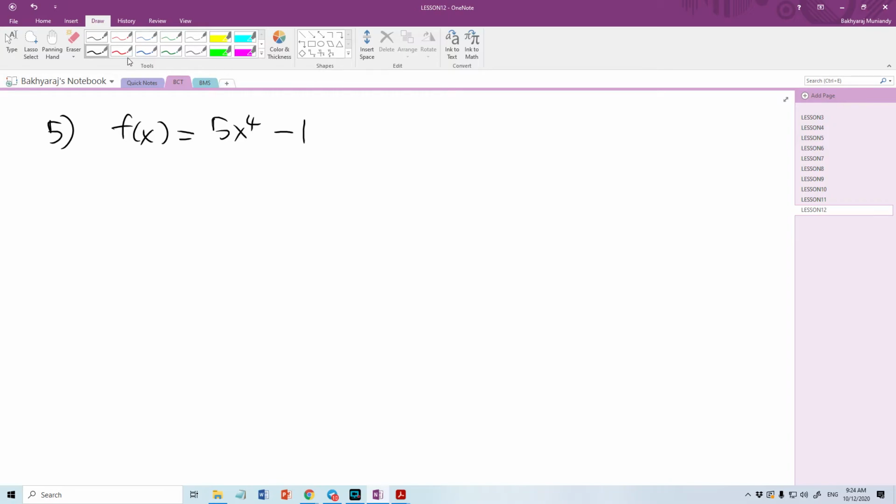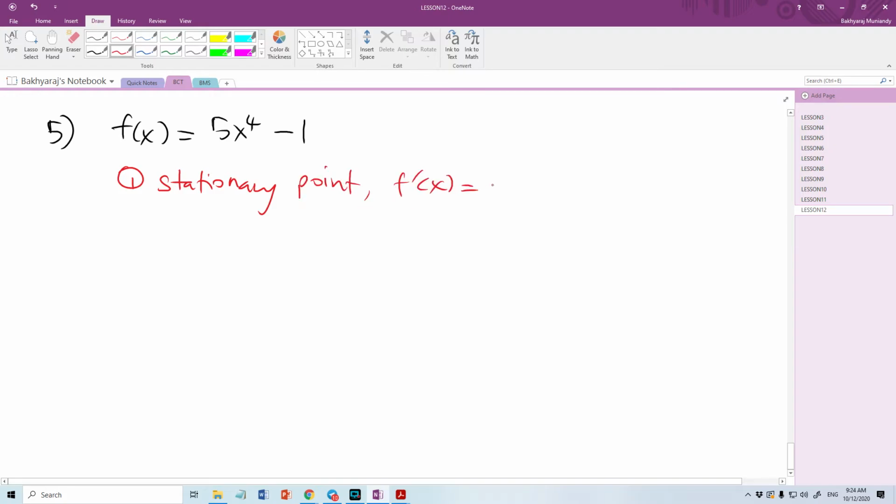Okay, so first thing you need to get is the stationary point. Cari dulu stationary point. Okay, divide x equals to 0.